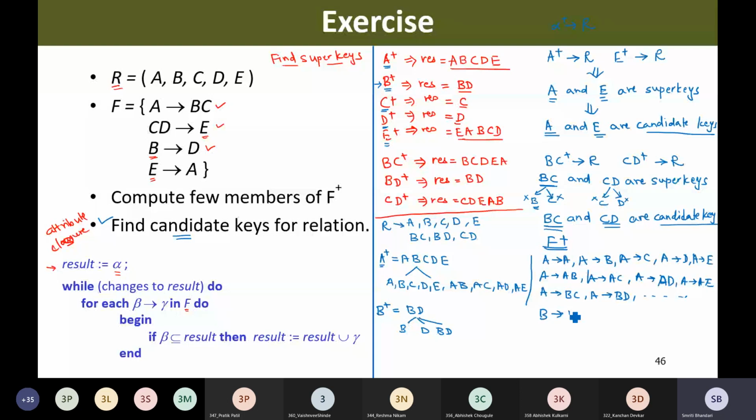Similarly, for every attribute closure, we may come up with the functional dependencies. Similarly, we may output the functional dependencies for this closure E plus. A, B, C, D, E all are inferred. So we may have E to A, E to B, and so on. Right? So this is the way how it is possible for us to compute this F plus.